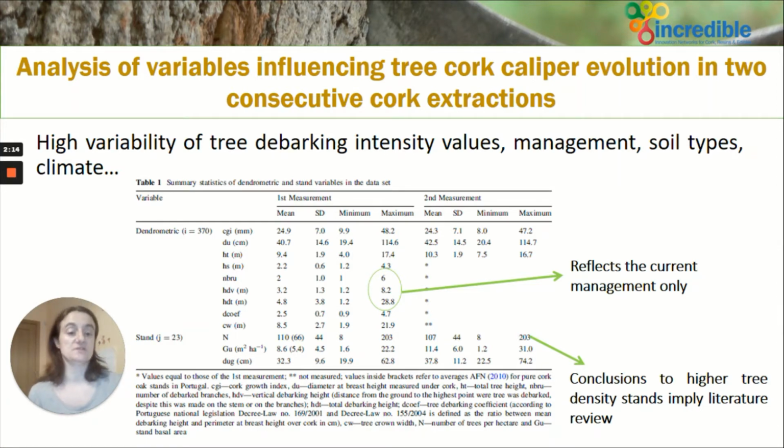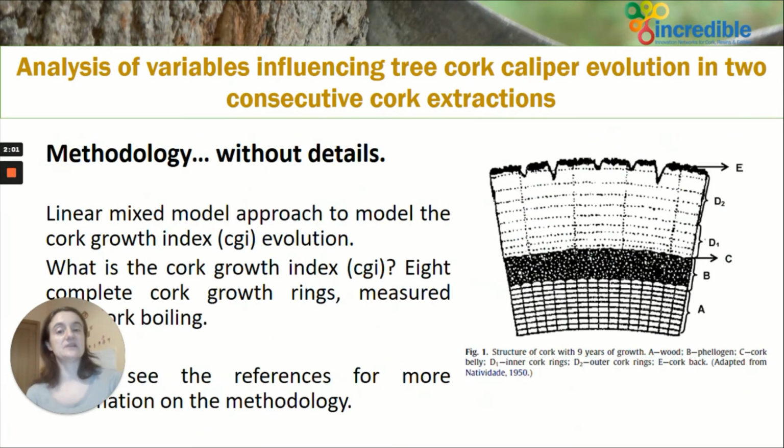So the conclusions that we will take out from this research are conclusions that focus on these data sets, on these characteristics, and that should not be extrapolated to other stand or tree conditions. We use the linear model approach to model the cork growth index evolution.